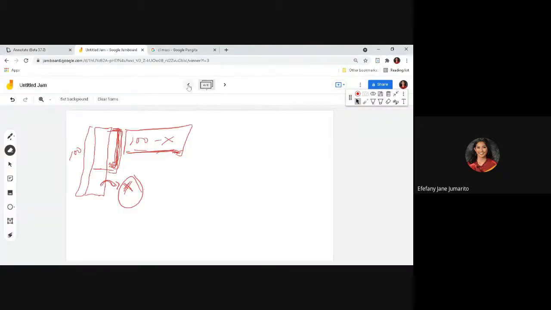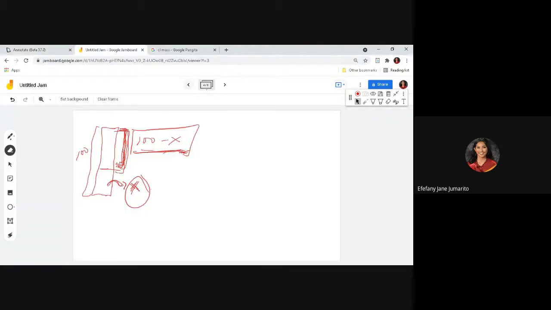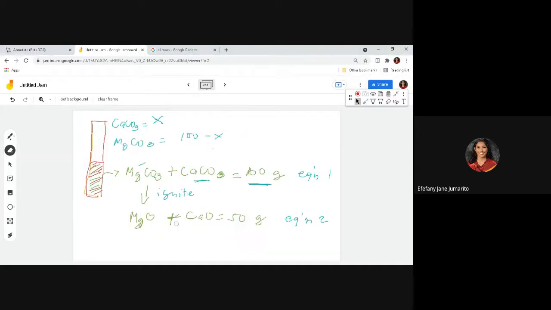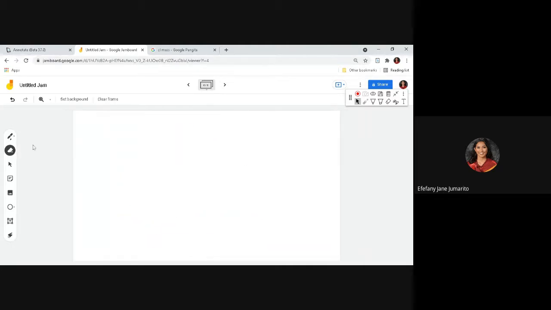So, unsay sunod buhaton? Okay, unsay sunod buhaton? All right. Now, let's use the two equations we have.